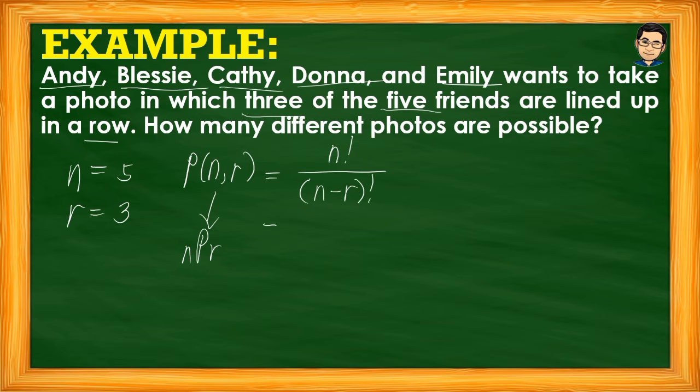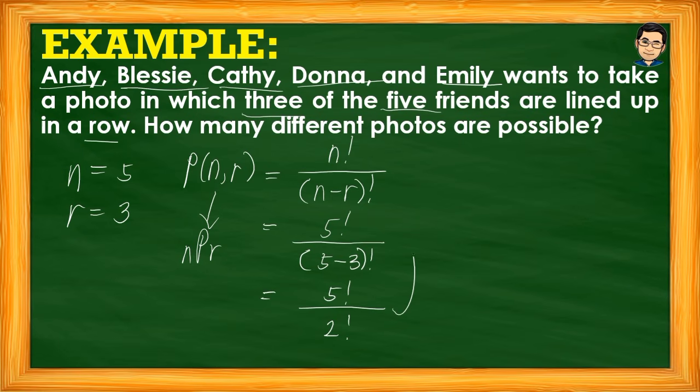And then we'll just substitute the value of n and r to the given formula. So n is 5. So 5 factorial all over n minus r. So that is 5 minus 3 factorial. Next, 5 factorial all over the difference of 5 and 3 is 2 factorial.